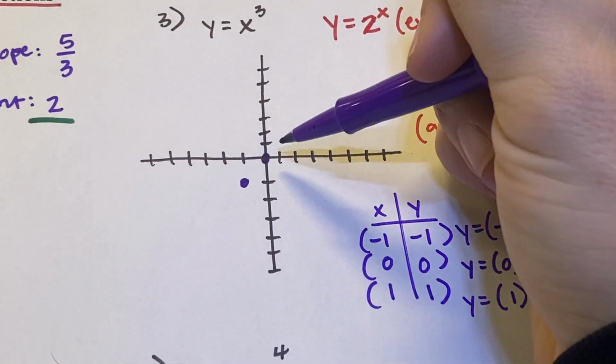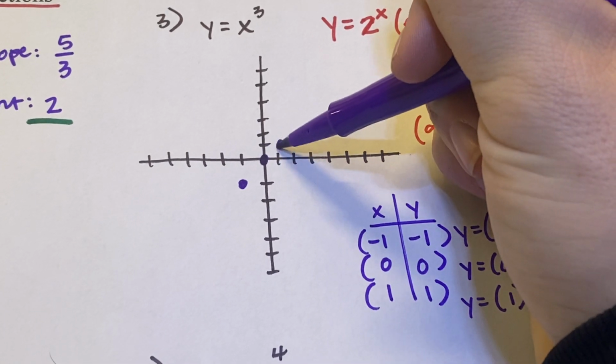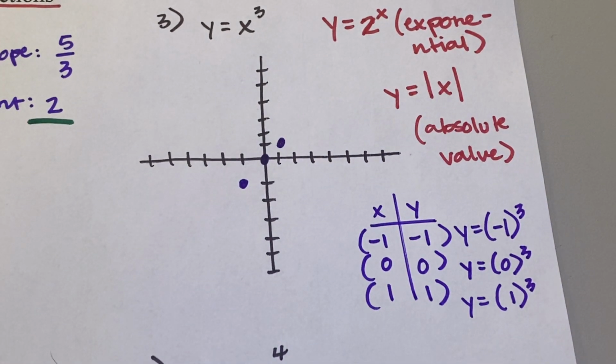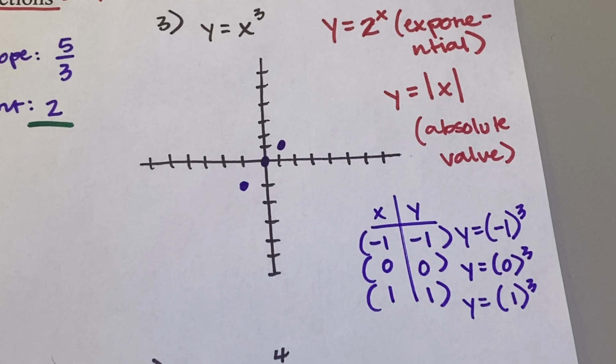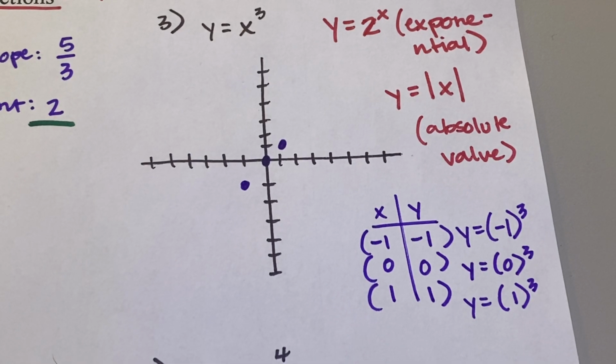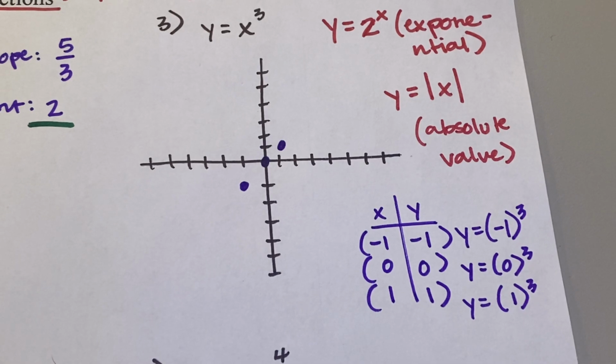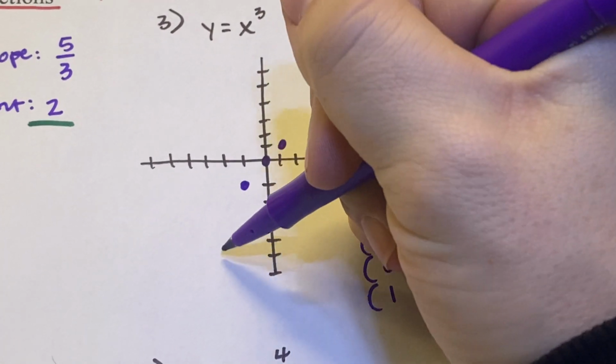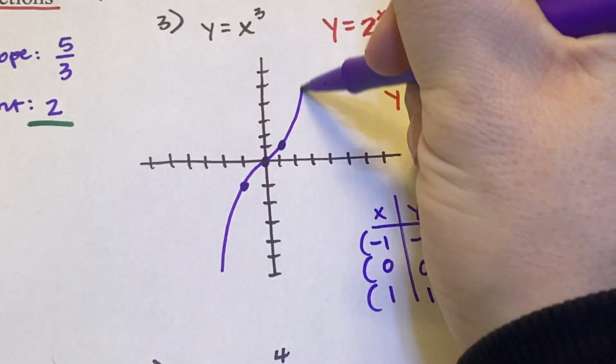And 1, 1, meaning positive 1, positive 1. Now, here's where you have to be super, super careful. This looks like it would create a straight line if I connect them, correct? Correct. But this is not a linear function. It's a cubic function, which means it's a little curvy. The way cubic functions look is like that.